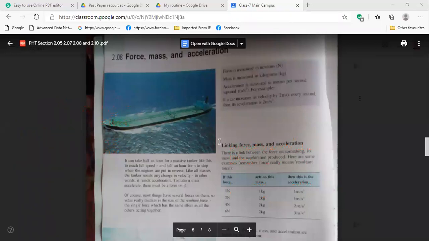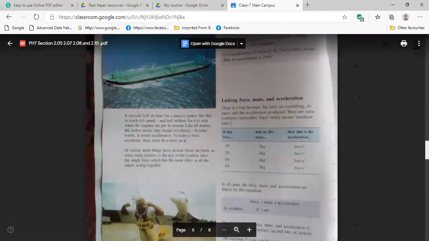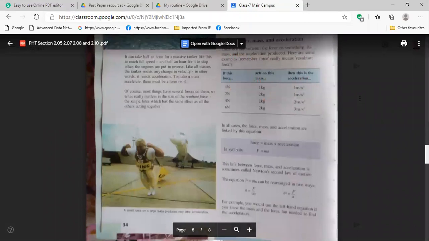Now, what I said, the relationship or the linking of mass, acceleration, and force. Here is the formula. Please, everyone write this formula.